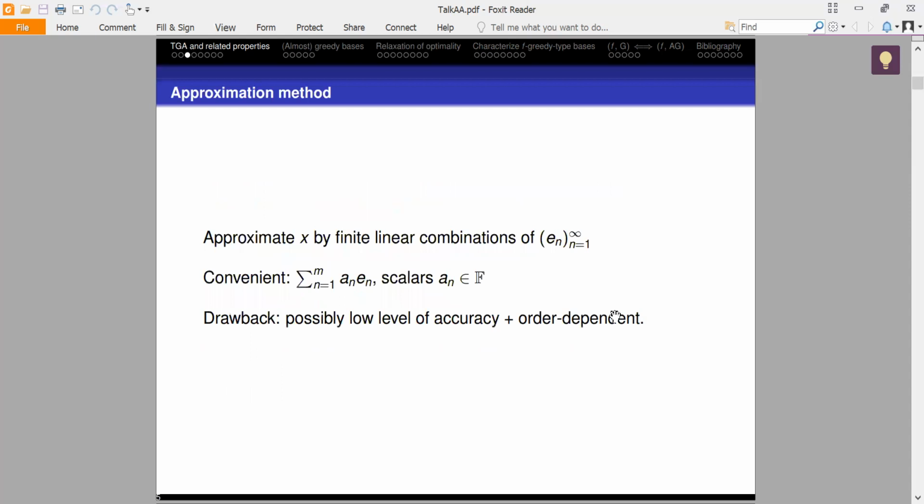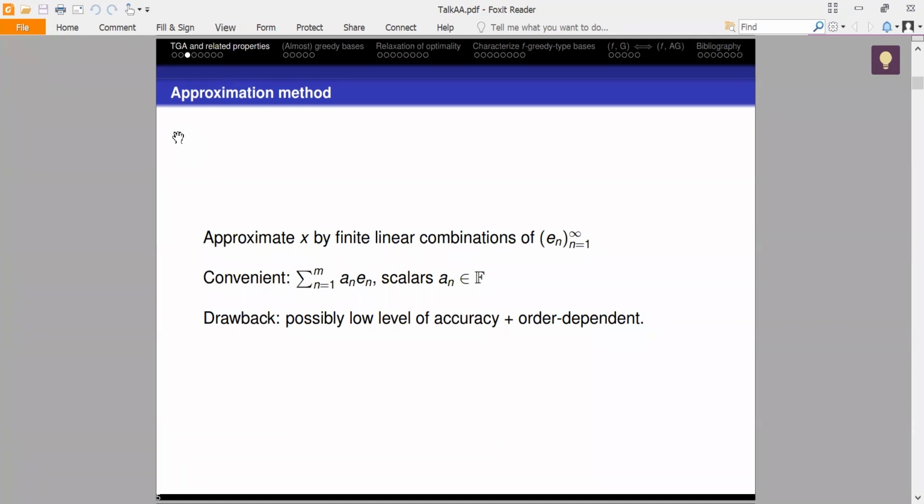And then we will talk about how we might approximate a vector. So if you give me a vector x in the space, then the question is how might we approximate x with some linear combination of vectors in the basis? And the most convenient way is to look at the linear combination of the first m vectors.